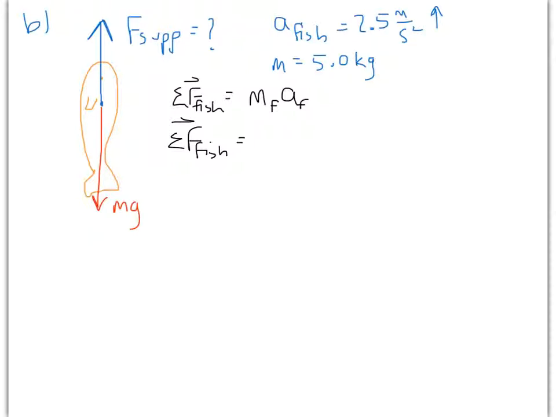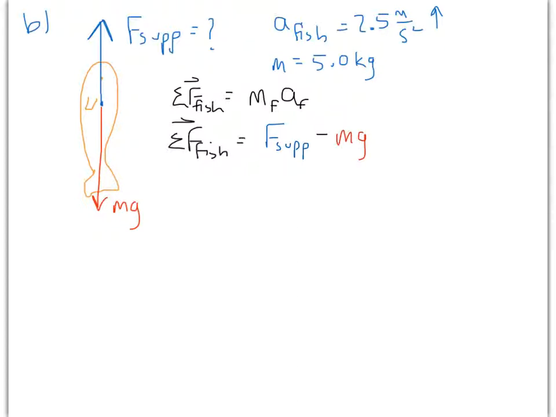And in this case, just like the last case, you've got the supporting force acting upwards. I will do that in blue. The supporting force, also known as the apparent weight, minus mg, right? Minus the weight force that is created by gravity acting on that fish's mass.